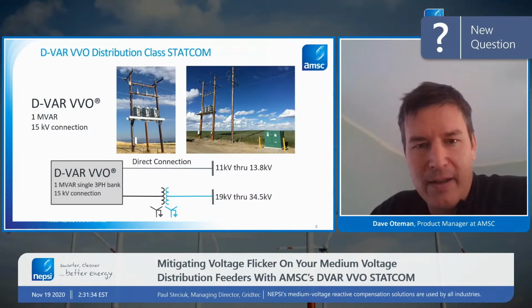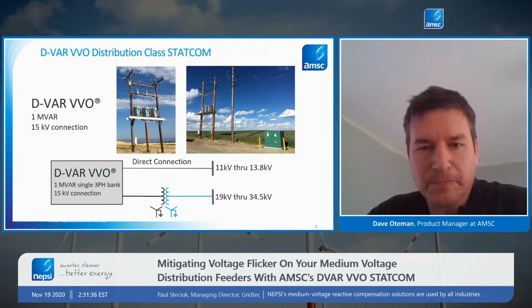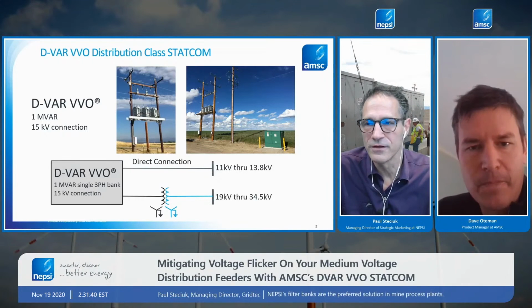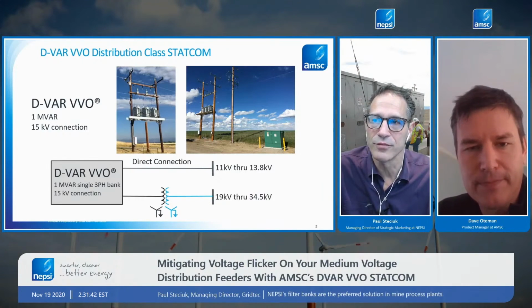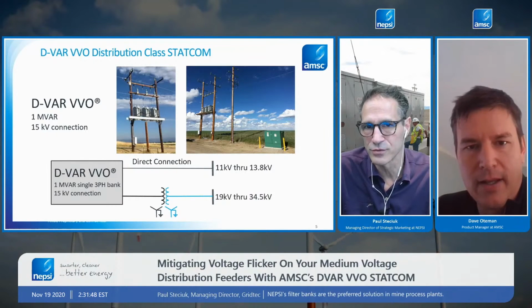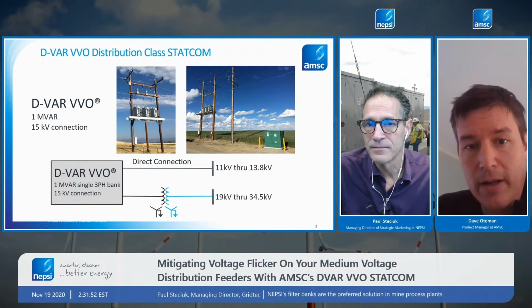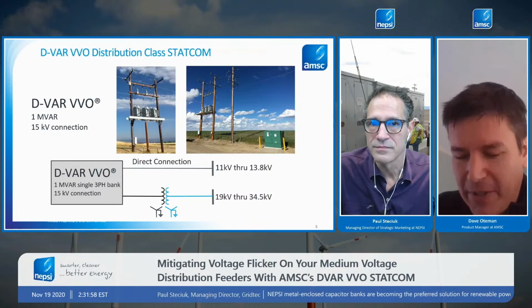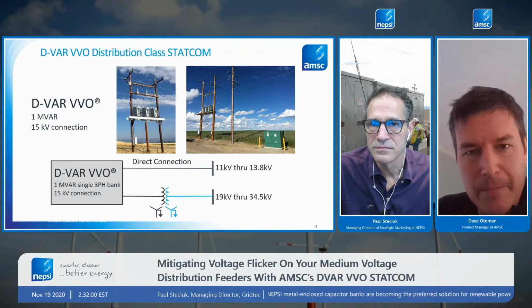Hey, Dave, these are single phase STATCOMs. So can you do single phase in a situation where you might have unbalanced voltage? Does a VVO take care of unbalanced voltage situations? It does. So the VVO can be configured to compensate for specifically amplitude unbalance.